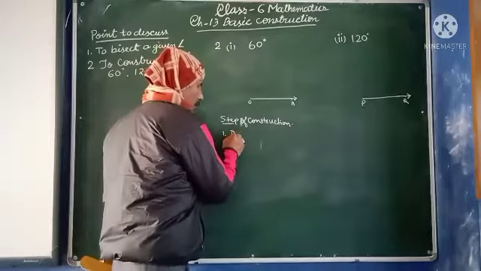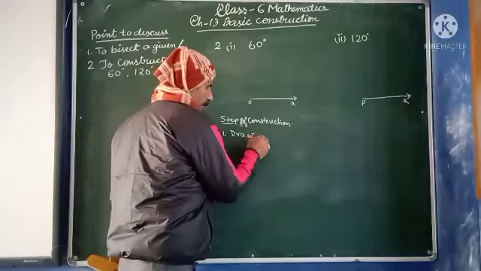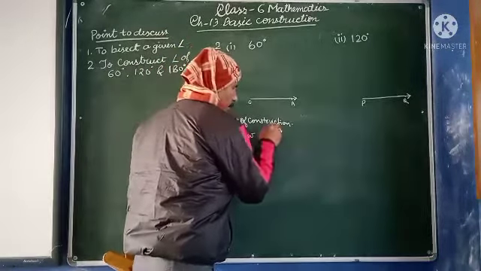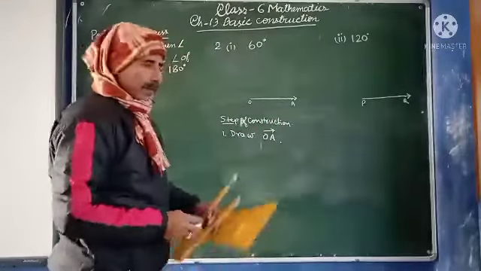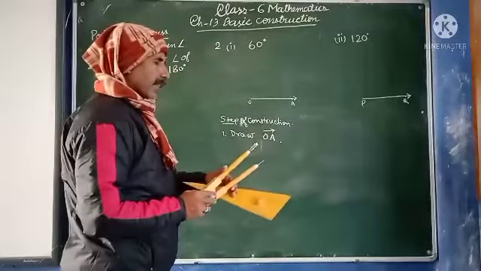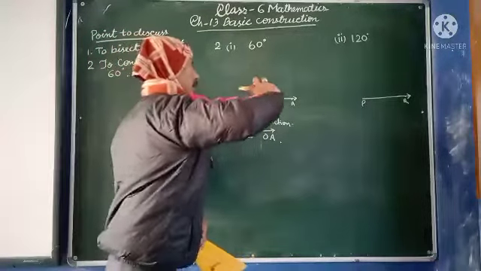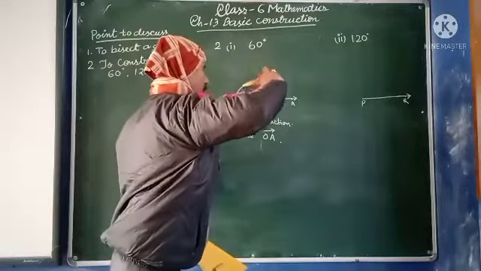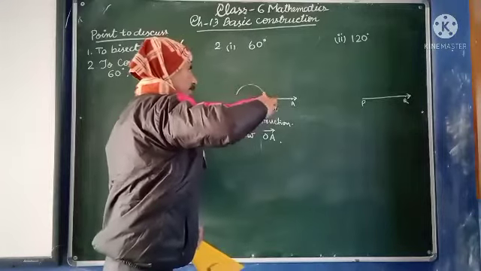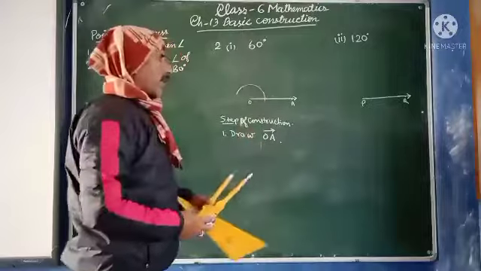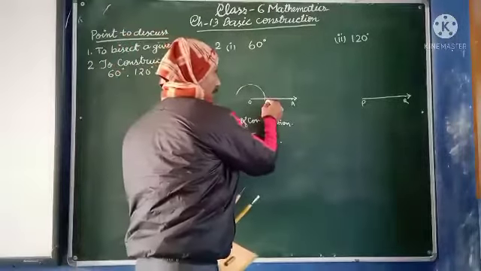First step, draw ray OA. Then take any radius in your compass and draw an arc with O as a center which intersects the ray OA at point M.